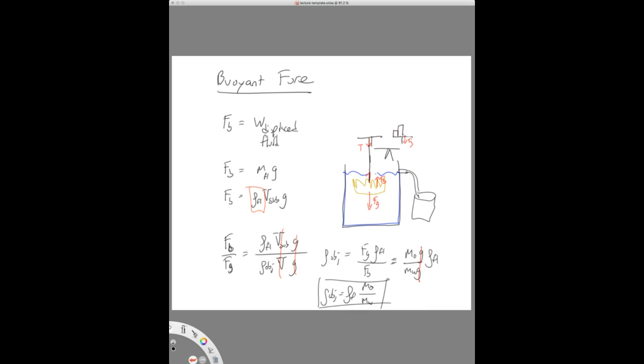Okay, so let's try a problem. This is College Physics problem 13.15.